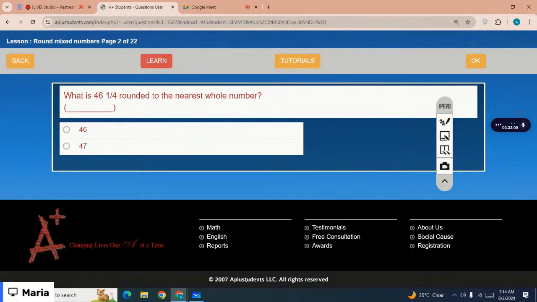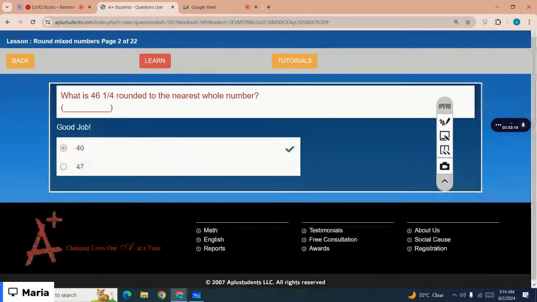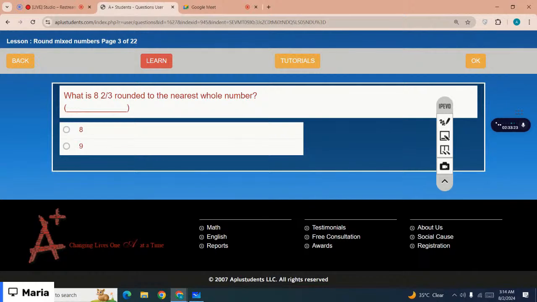Okay, 46 whole 1 over 4. The fractional part 1 over 4 is less than half. Yes, you need to round on the same whole number, that is 46. The correct option is 46. Okay, what is 8 whole 2 over 3 rounded to nearest whole number? So which is the correct option?